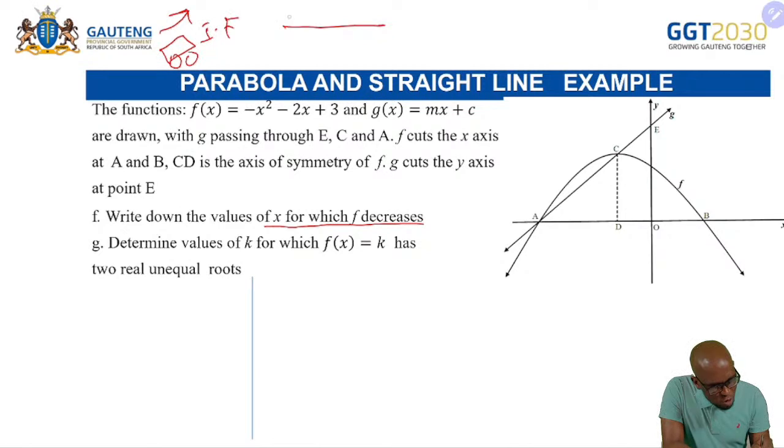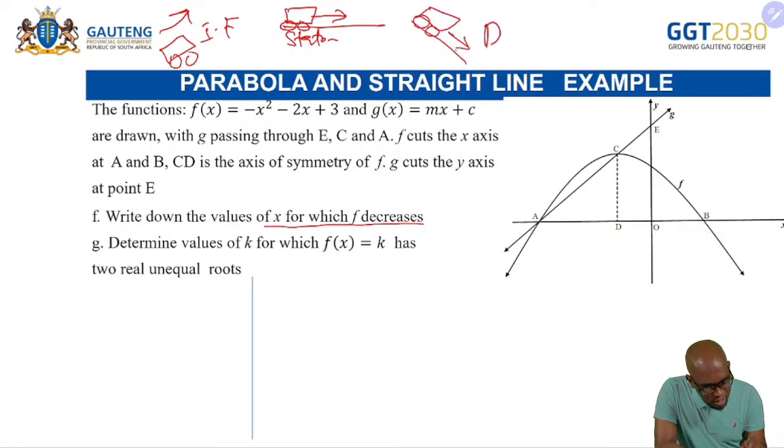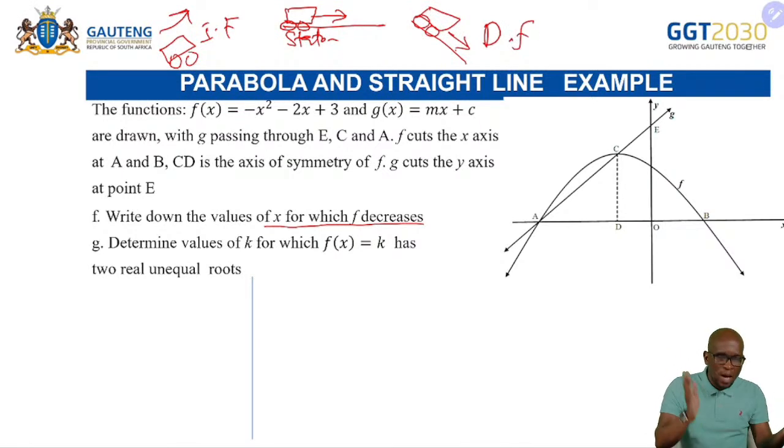If it goes horizontal or it stops, then the function has stopped. We are referring to that as a stationary point. And if it goes down, we are referring to this as the decreasing function. But you should always read the graph from left to right.